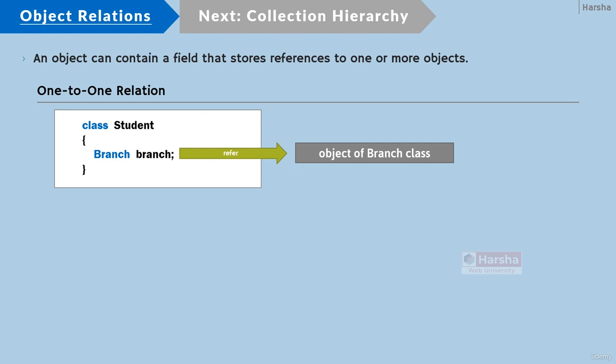Like this, in the real world applications, you will find plenty of examples where one object has reference to other object. That is through a field. And you may have multiple fields in the same class. That means one object has multiple fields that refers to multiple objects.